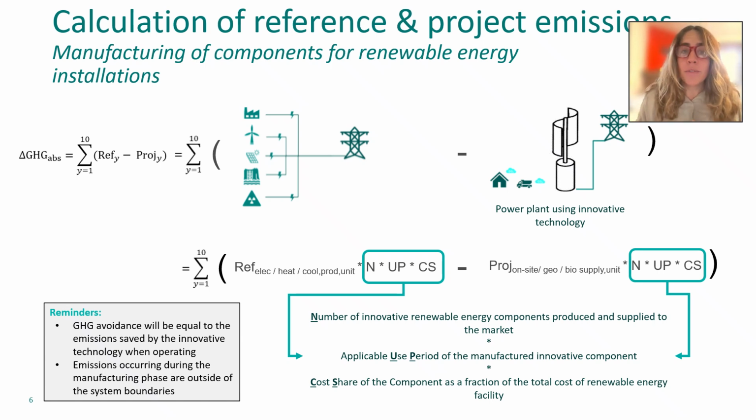Then the calculation of the absolute emissions avoidance for projects that intend to manufacture components that will be used in renewable energy plants will rely on the same logic. Without the project, that energy would be supplied by the conventional technology. And with the project, we will have the renewable plant running and supplying that energy.